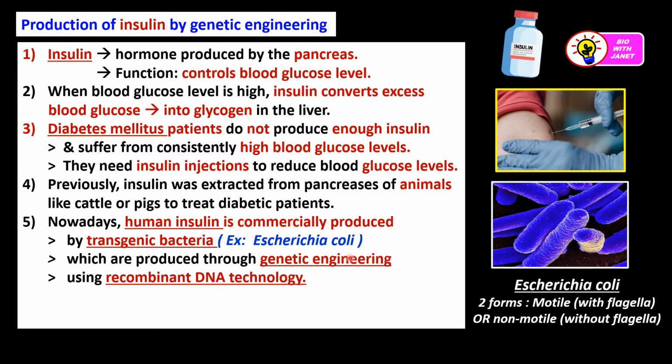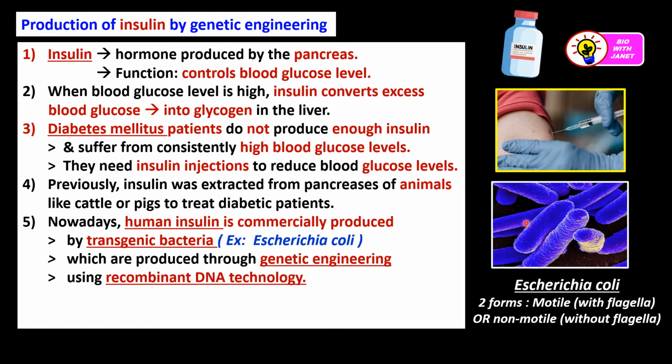So as for this species, which is commonly used to produce the transgenic bacteria, it is E. coli. We sometimes call them E. coli. Now, you can see that it's rod shaped, and there are two forms. The motile form that can move have flagella, which are hair-like projections that stick out from the body or cells.